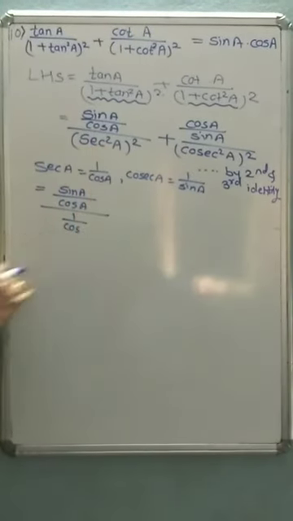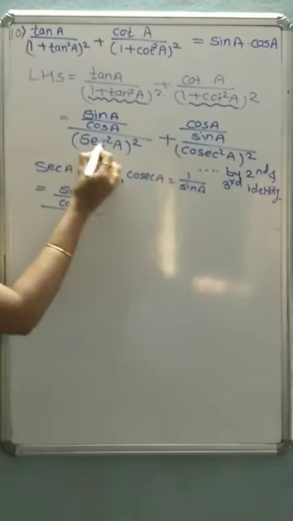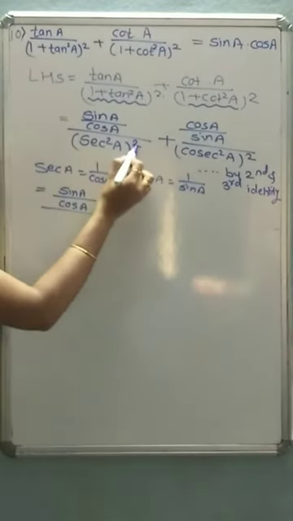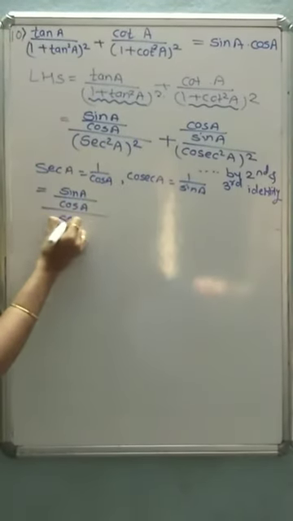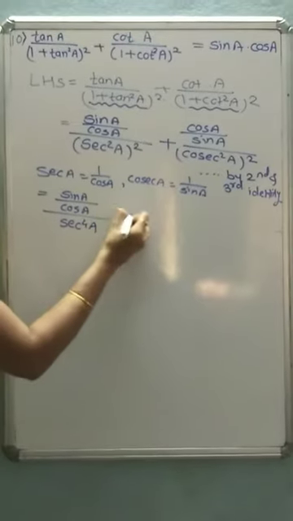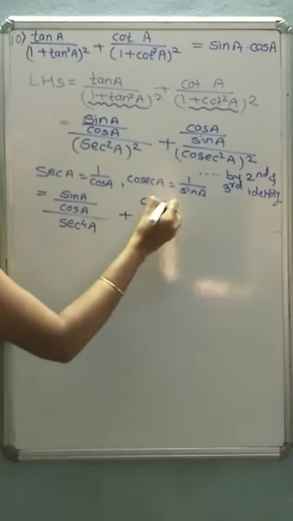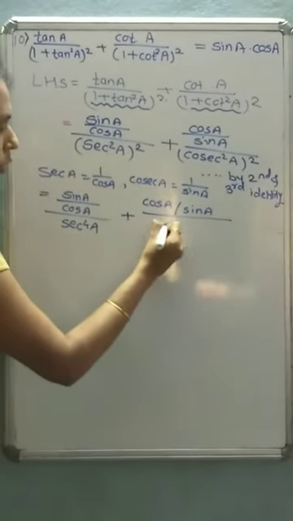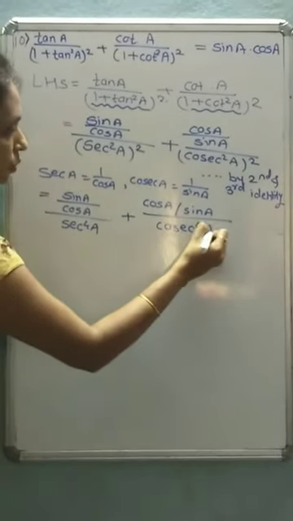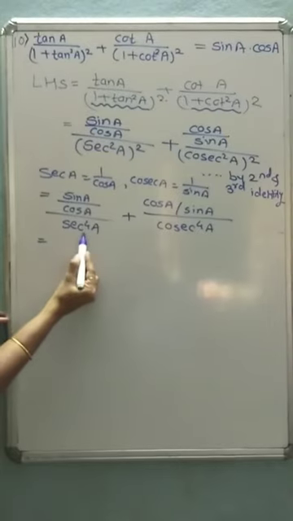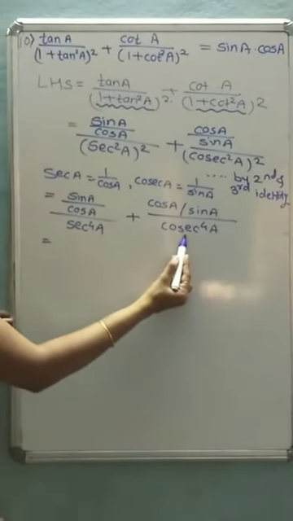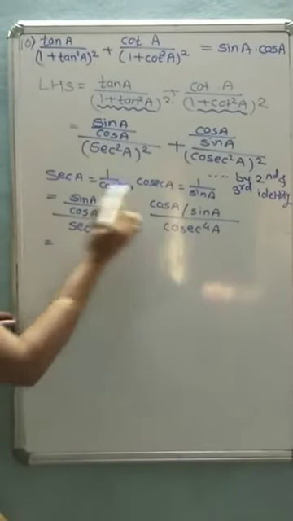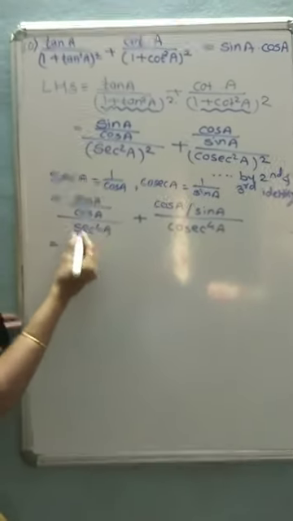Now, the square, first we will convert this. Sec square a squared becomes sec raised to 4a, plus cos a upon sin a upon cosec raised to 4a. Now convert this sec raised to 4a and cosec raised to 4a into sin and cos as already noted here.